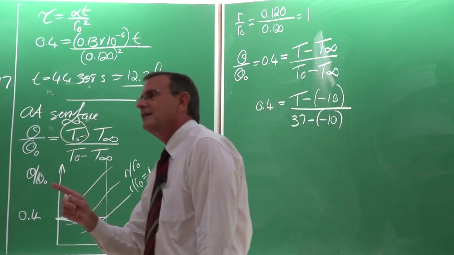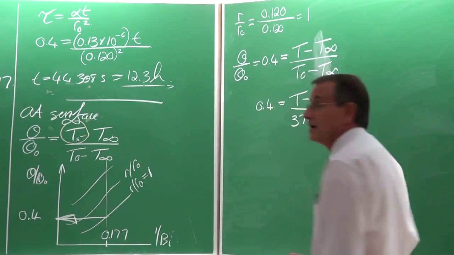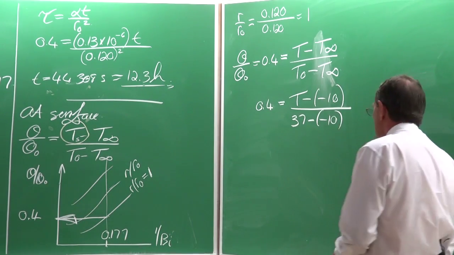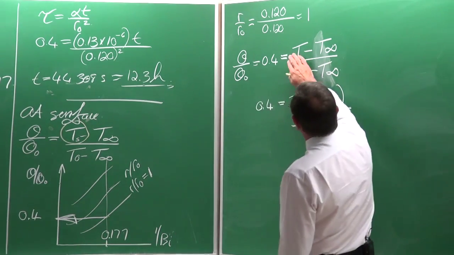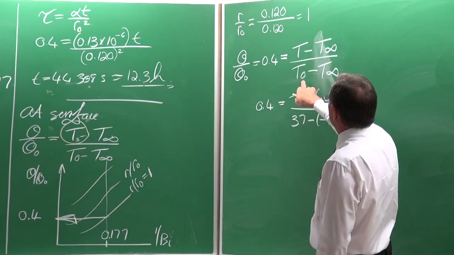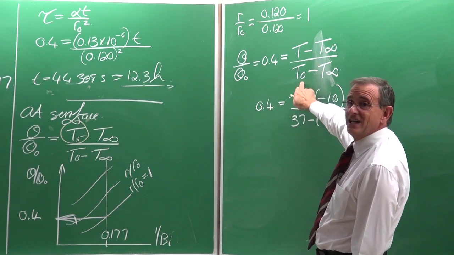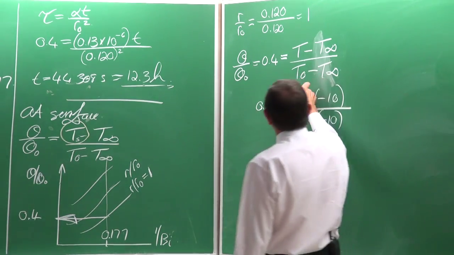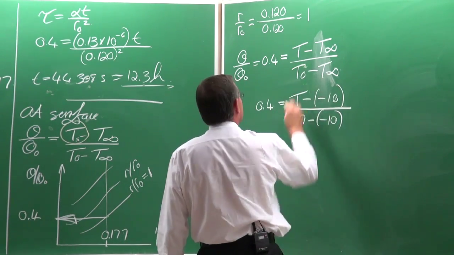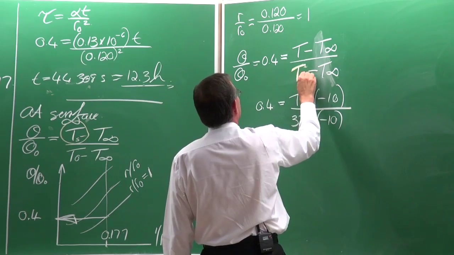Remember, this is again a trap, because we get so used to writing this as T minus T infinite divided by Ti minus T infinite. In this case, the value is equal to T0, the center temperature.